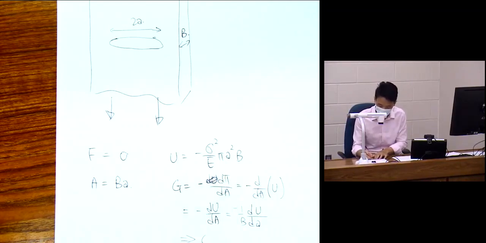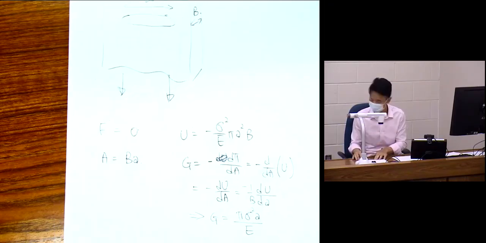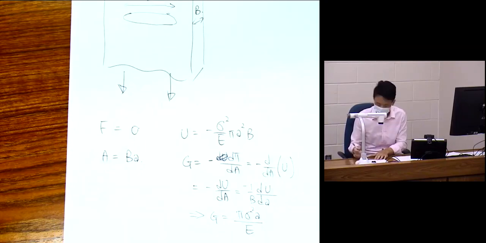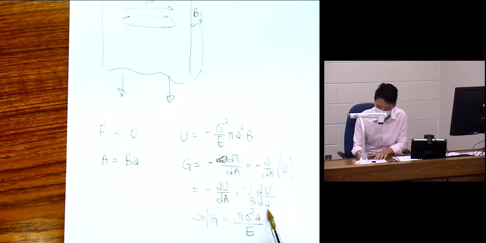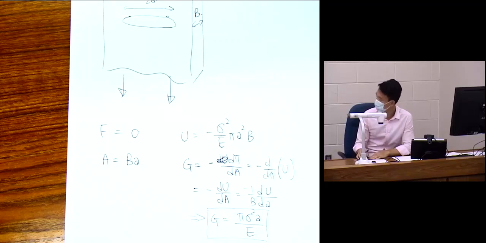And so at the end of the day, we have G to be pi sigma squared a over E. Sorry. This is for the Griffith experiment, right? Now it's nothing new. You see the equation, we just introduce a new term which is called G. So what is the energy criterion then in terms of G?